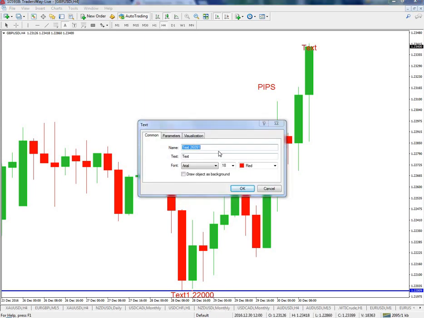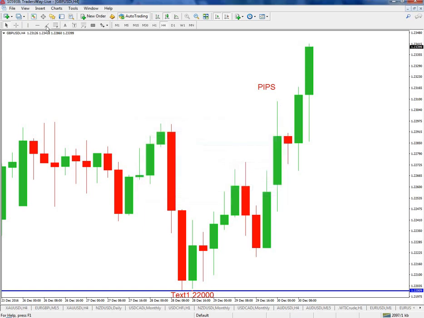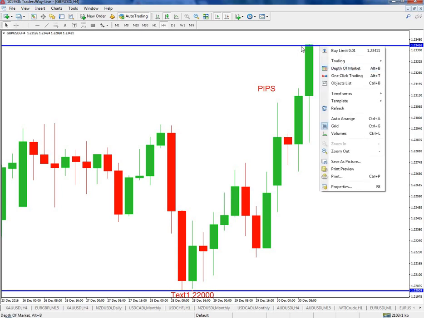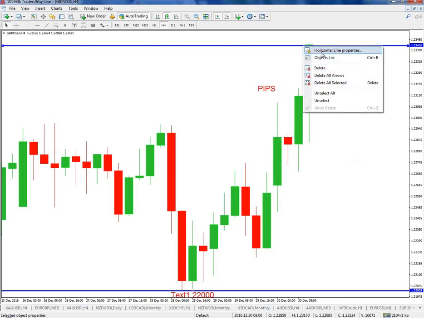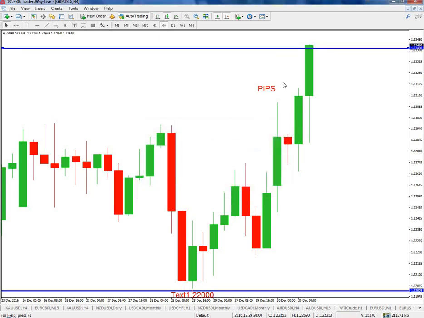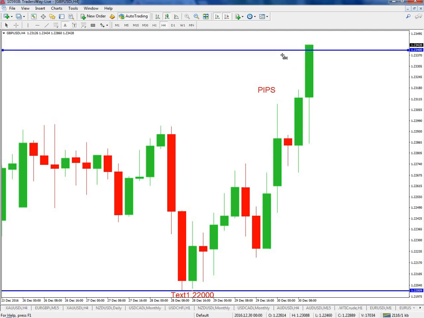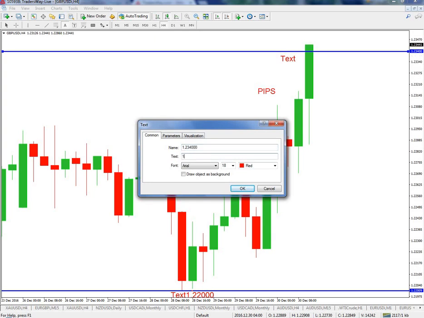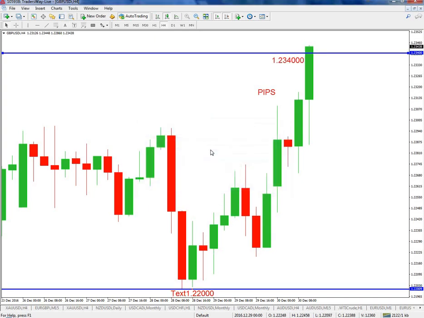It's currently at, let me see here, right now it is currently at 1.23. Now it's still going up, but let me go ahead and adjust this. 1.234000.